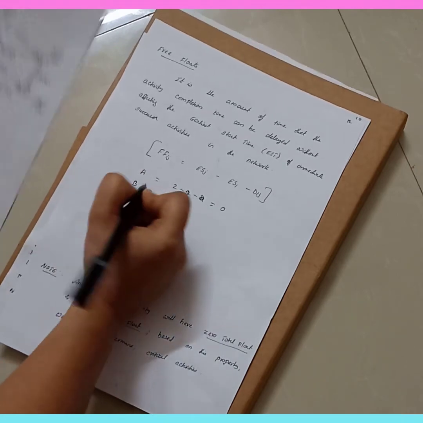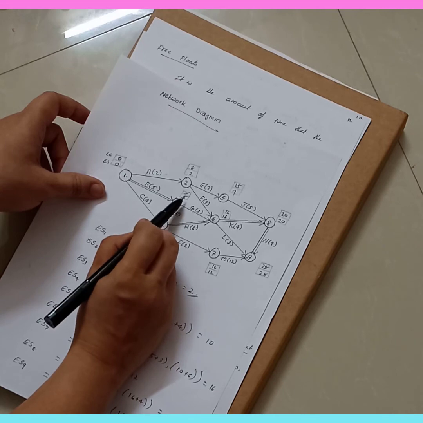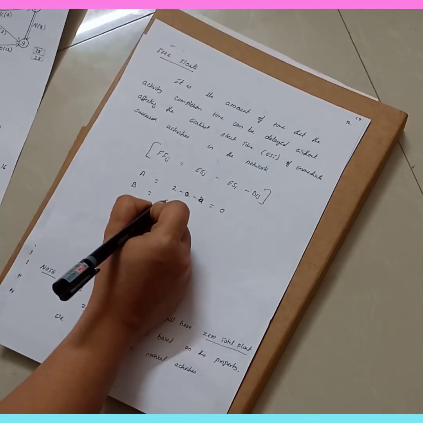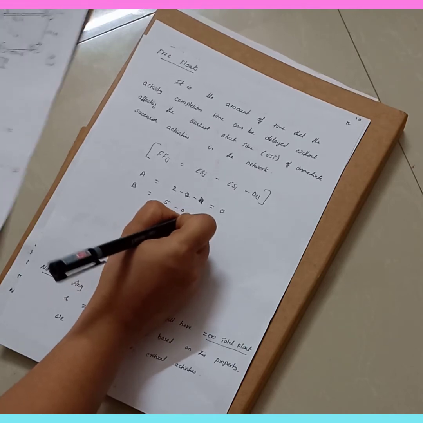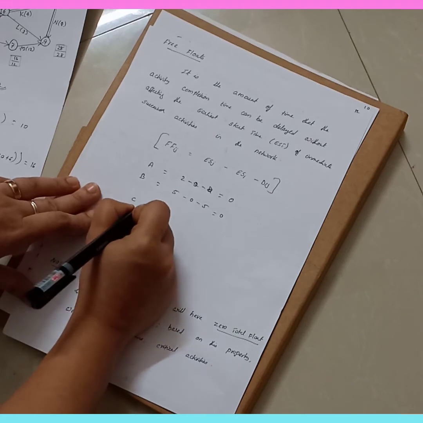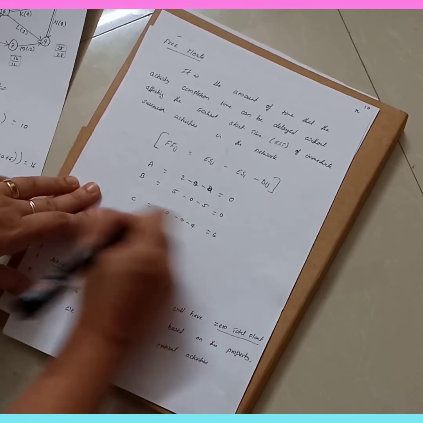Then for B, you have to consider only the earliest start time. So 5 minus 0 minus 5, you will get 0. Then for C, it is equal to 10 minus 0 minus 4, which is equal to 6.